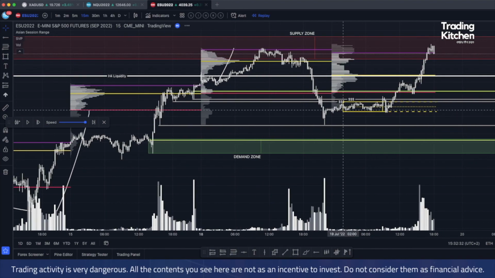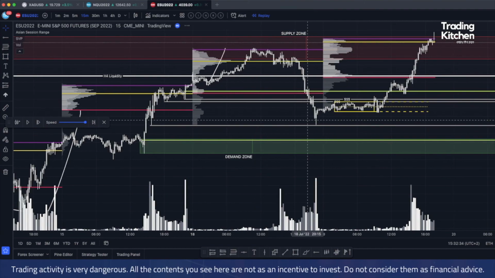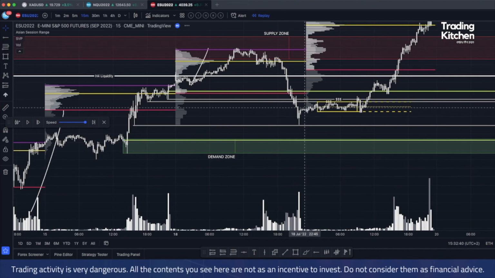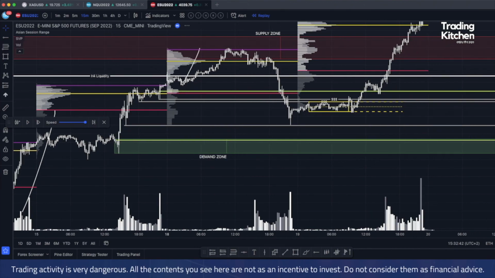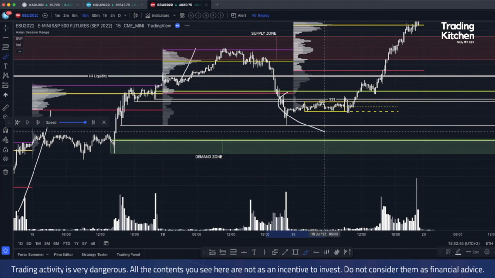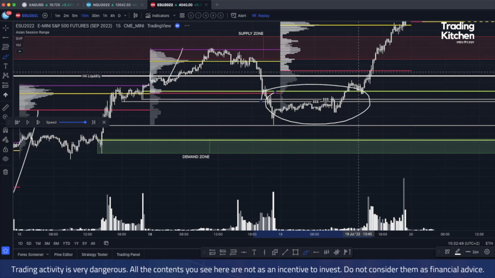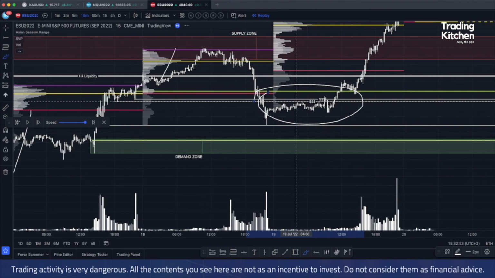We didn't have many more opportunities, but as you can see now, price grabbed the liquidity here and moved up. As you can see, I already highlighted all the liquidity.